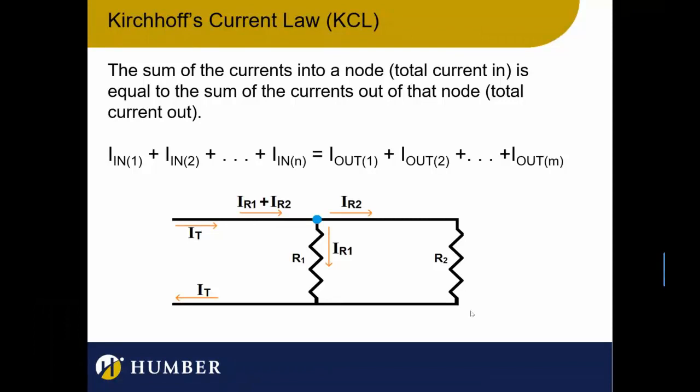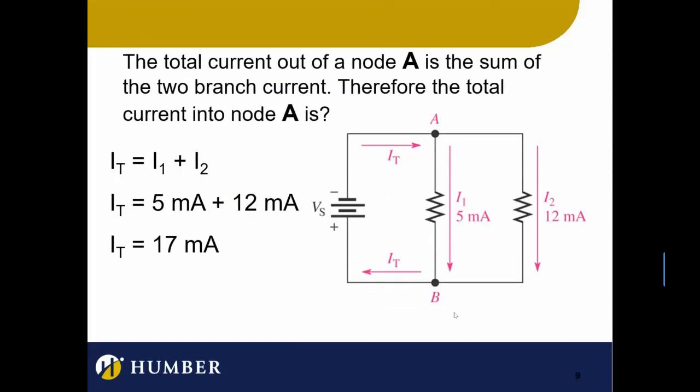Kirchhoff's current law, when he studied this stuff, he found that the sum of the currents into a node, the total current in, is equal to the sum of the currents leaving the node. So if I had 2 amps coming in here and 1 amp came down here, you can be sure 1 amp is coming down here. This is a basic example, and a little bit of math where we're looking at Kirchhoff's current law.